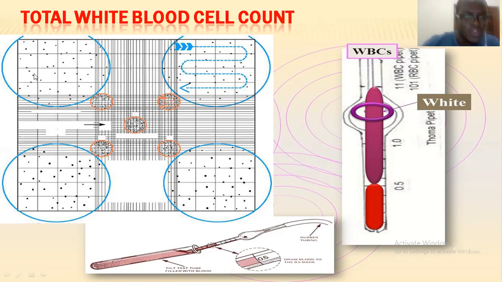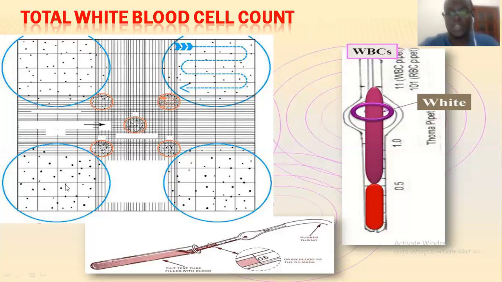Then you count all the cells within this square. And then you go here, you do the same. As you're counting, you can start from this small square, then you go like that, counting, you come down, until you count all the 16 squares. Then you move on to another square. So you do the counting just like that. Then you get the average of what you have counted in the 4 squares. So you add the cells that you've counted in this square, that square, and that square, then you divide by 4.